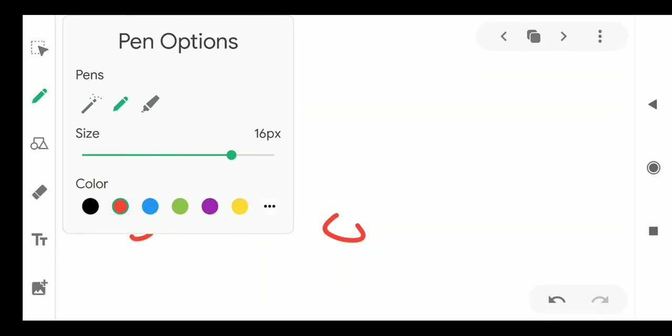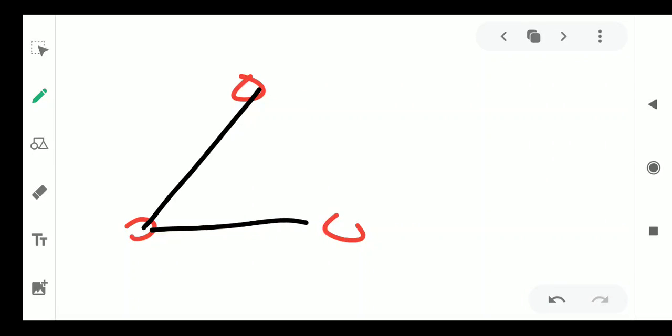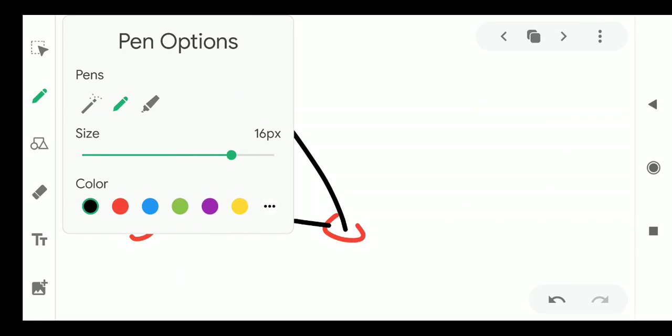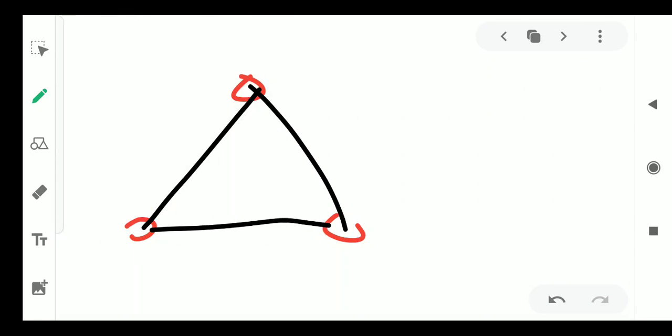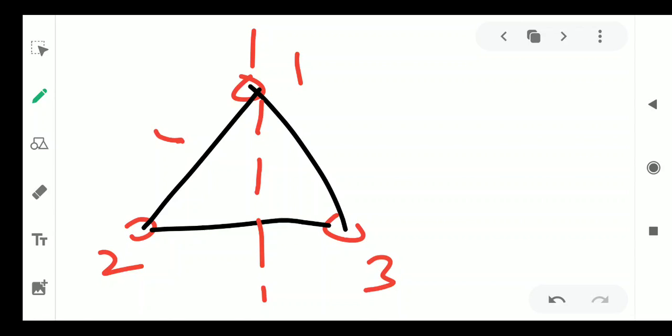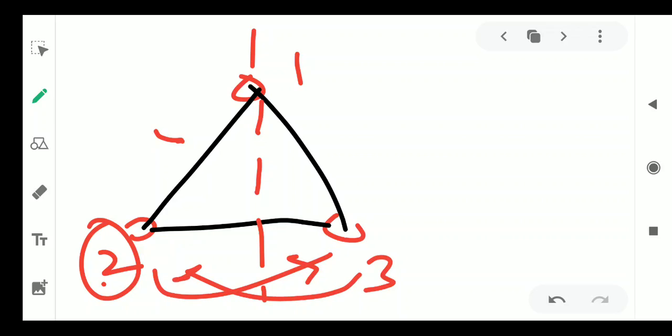Let me draw the triangle once again. This is our triangle, 1, 2, 3. Now assume that I have placed an axis here, so that I am flipping it, so that this will go here and this will go here. 1 will be remaining, it cannot move.